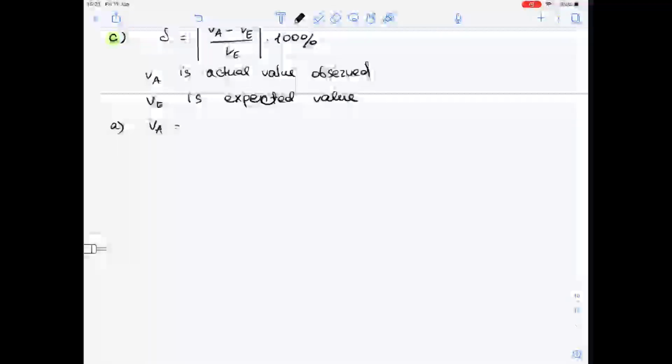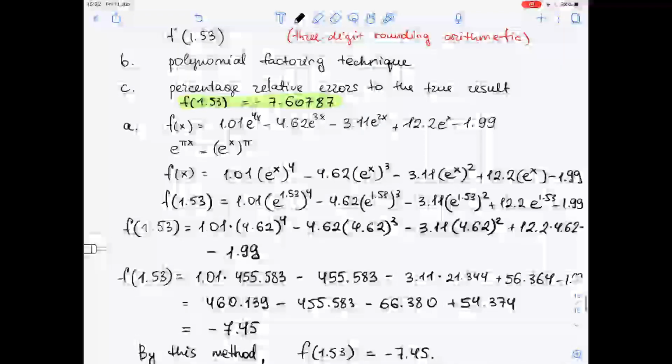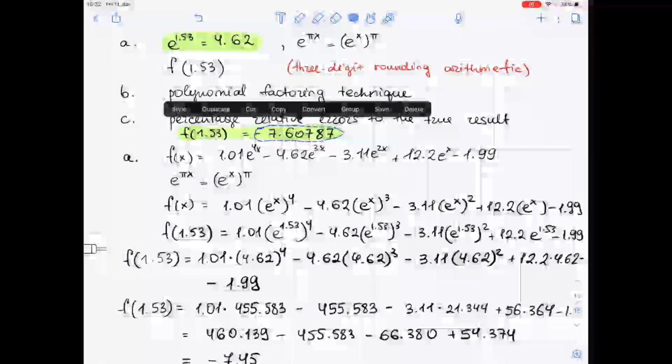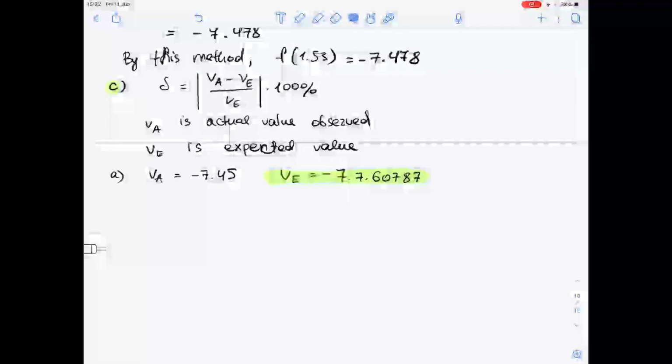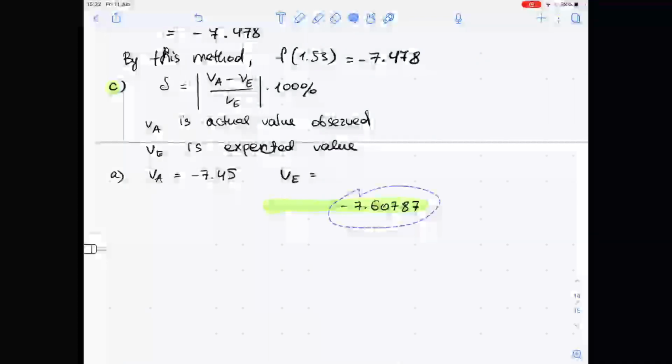So VA equals negative 7.45. And the expected value was the same for both part A and part B. This is negative 7 point, right here. Well, I'll just copy paste this number. So here is the expected value.